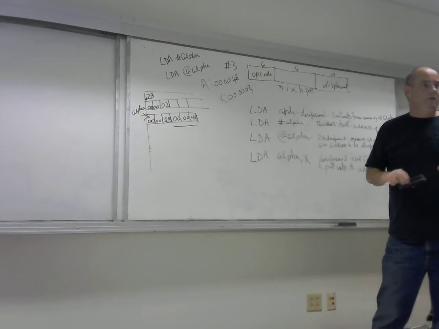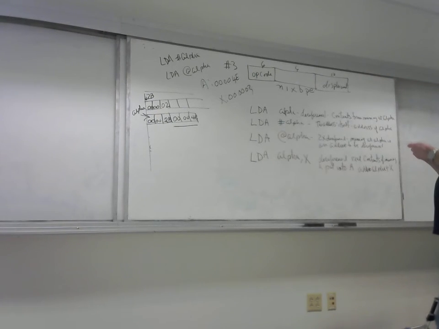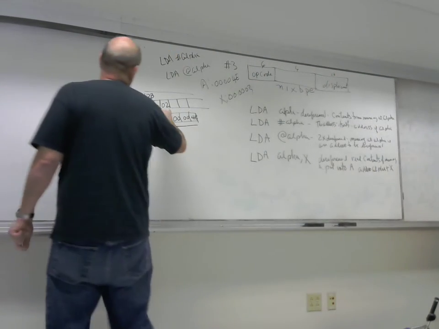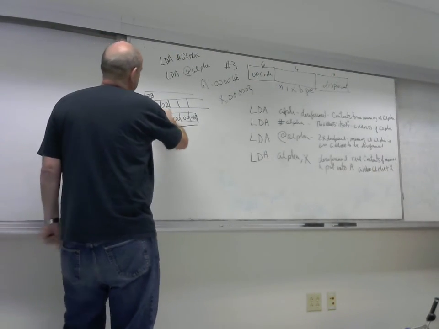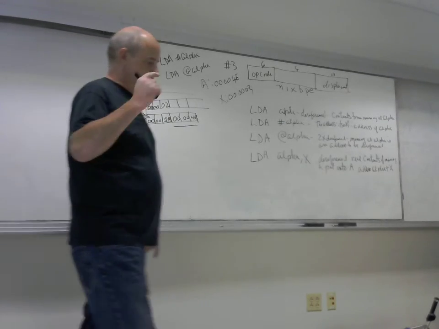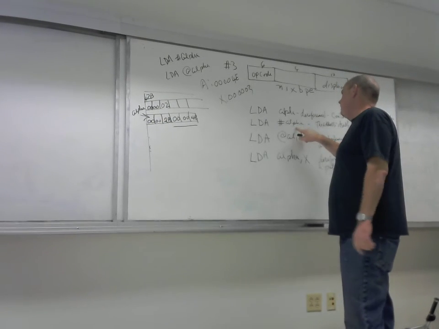Those are your modes. So a recap. The first one, LDA alpha. Go to alpha and put what you find in alpha in the register, the 2. That's the first, the most obvious, and the most common mode. LDA pound sign alpha.